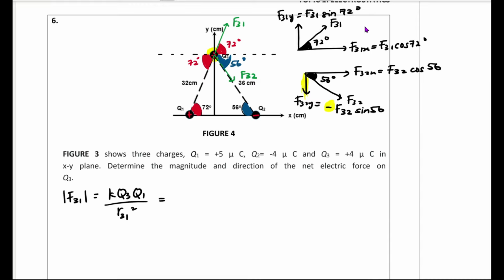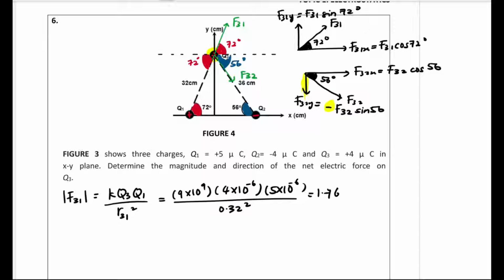Okay, make sure you change to meters, okay? So Q3 is 4, and Q1 is 5. The distance between them in meters is 0.32 squared, and the answer is 1.76 Newton.